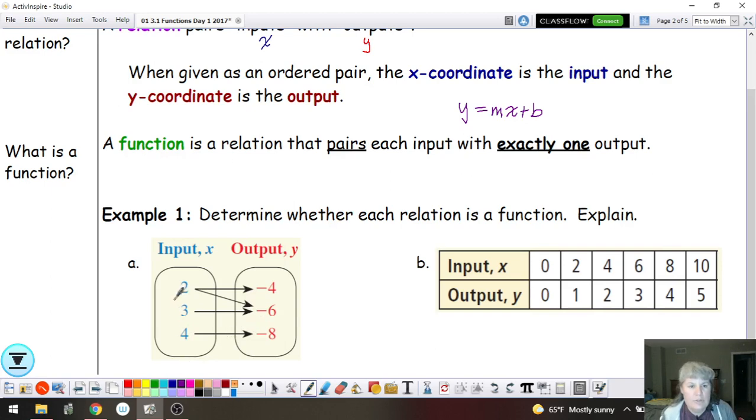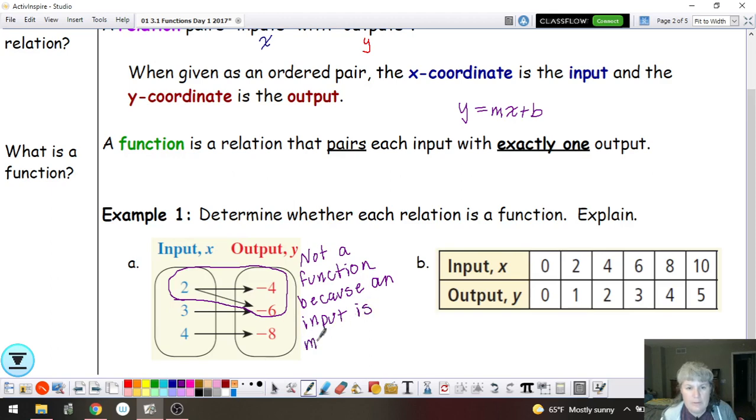But because 2 is going to 2 numbers, we have an input that's going to 2 outputs. This is not a function because we have an input going to 2 outputs, or we could say in this case, is mapped to two outputs.